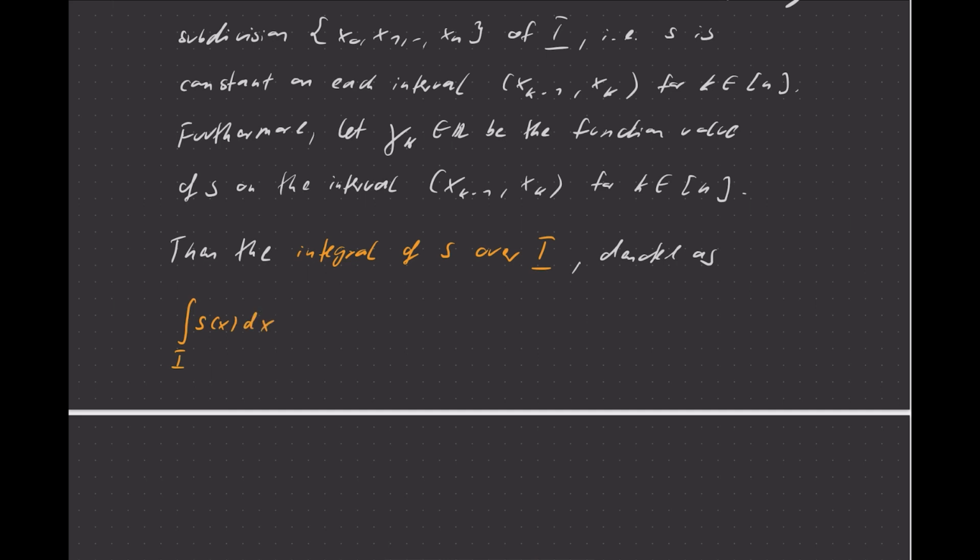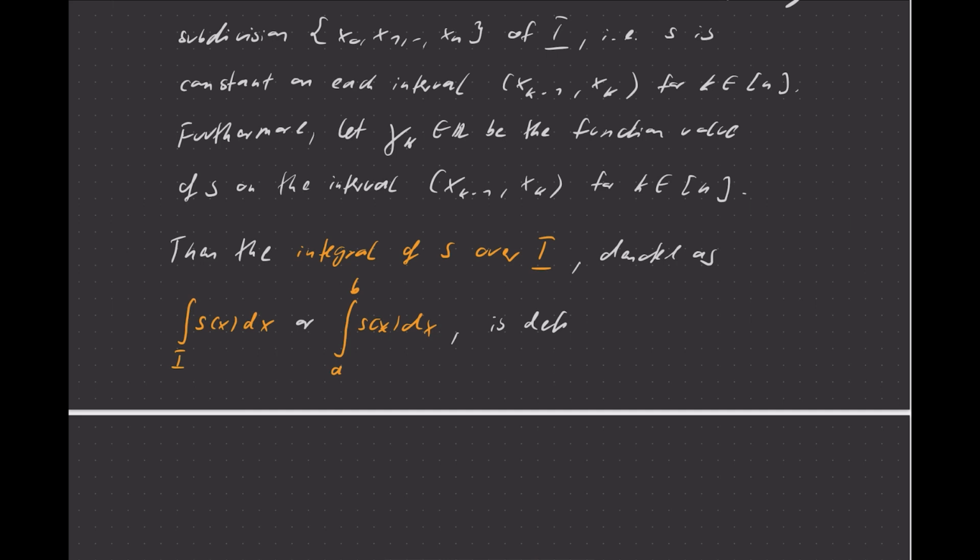So this dx denotes the integration variable. In this case, that's x. The choice is pretty arbitrary. We can also use the notation where this interval is made explicit. So we have the bounds a and b, and we can just write a as the lower bound, b as the upper bound on the integral sign. So this is the usual notation for the integral.